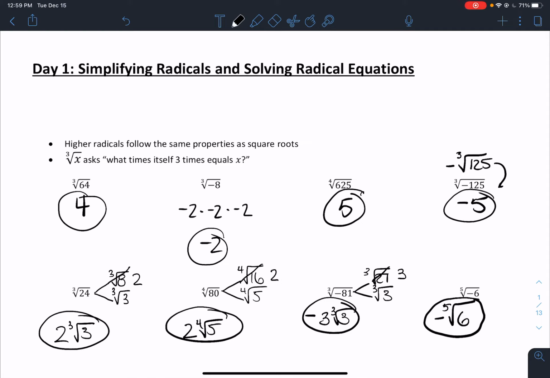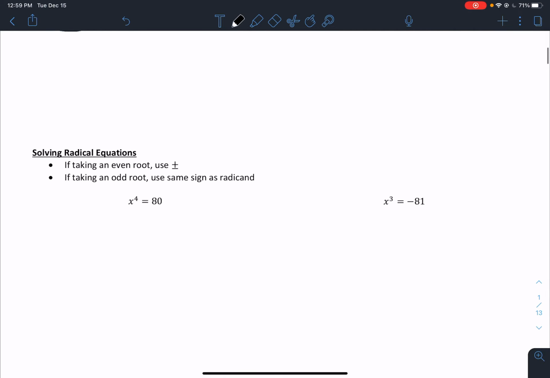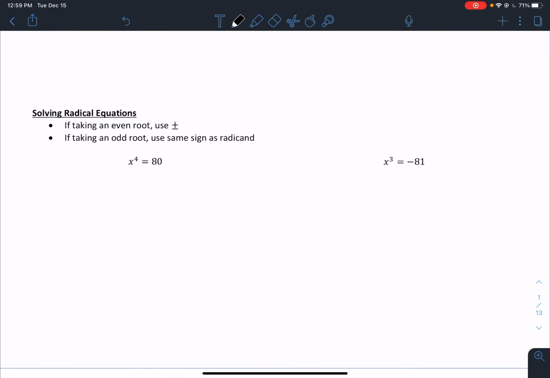That's simplifying. But just like how you guys could solve equations with square roots, we can solve equations with other roots. So if we have an even root, we need to use a plus or minus. If it's an odd root, then the sign matters, but we can take the root either way.